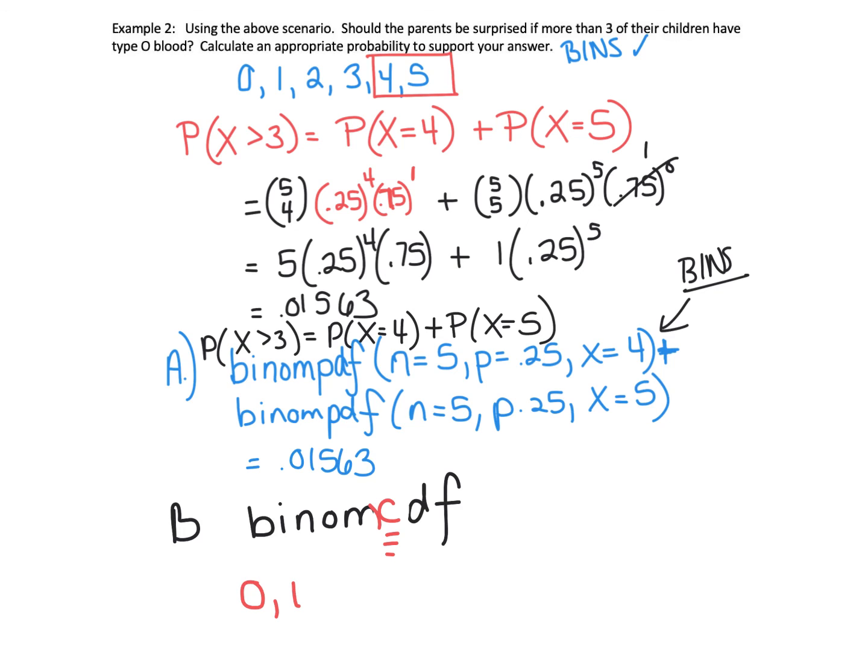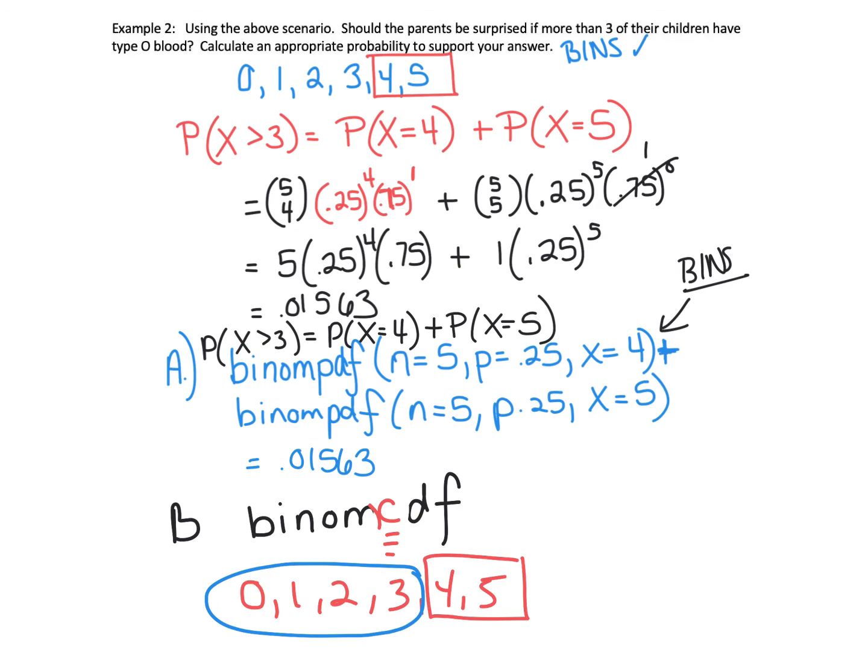So you could have 0, 1, 2, 3, up through 5 kids. It's going to add from left to right. So if I want to know the chance of 4 or 5, what I could do is do the cumulative for up to 3 and subtract it from 1.